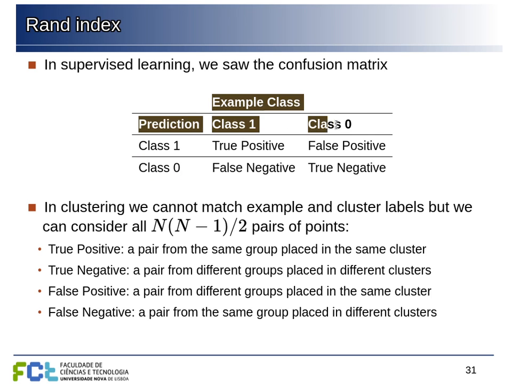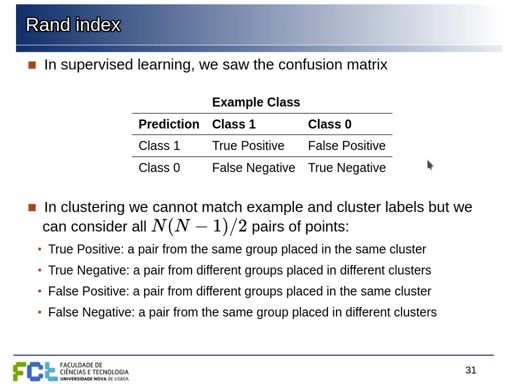So this is something that we can do with supervised learning, with classification, those techniques that we saw previously, like logistic regression, for example. But it's not really something that we can do in clustering, because it does not make sense to try to match the exact label that we have on a cluster, for example, cluster 1, with the label of a class 1, because the labels on the clusters are arbitrary.